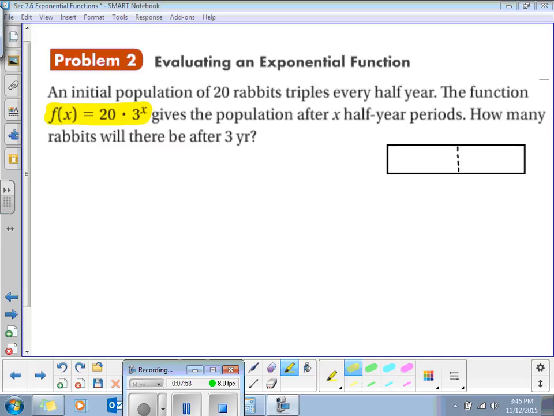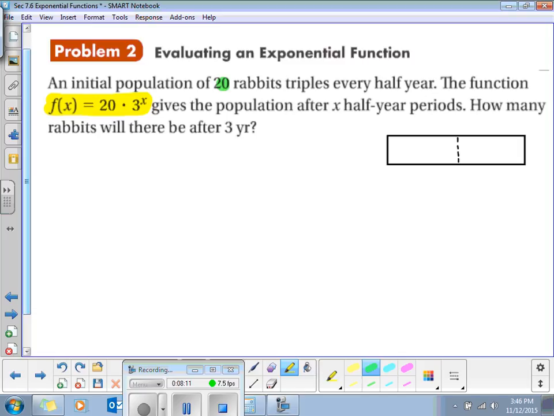So what's the important information in this problem? 20 rabbits is the initial value, right? It triples every half year. And we're looking at 3 years. So if we're looking at 3 years, how many half years do we have? 6. Very good. So that means that x is equal to 6.